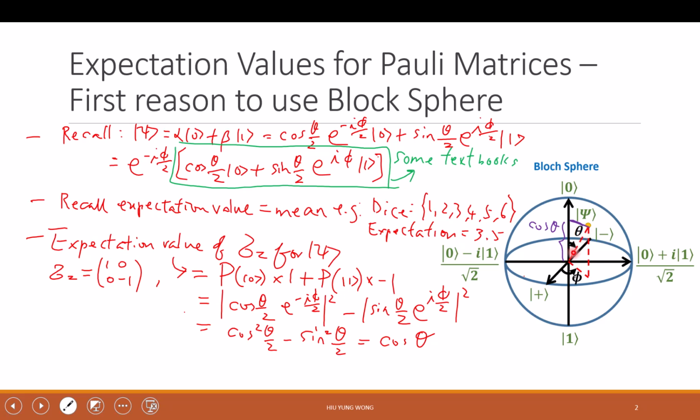Do you see that? This length divided by 1 will be equal to cosine theta. Do you see this triangle? This, and this? This is a right angle triangle. I project vertically onto the z-axis, and the length is cosine theta. See that?